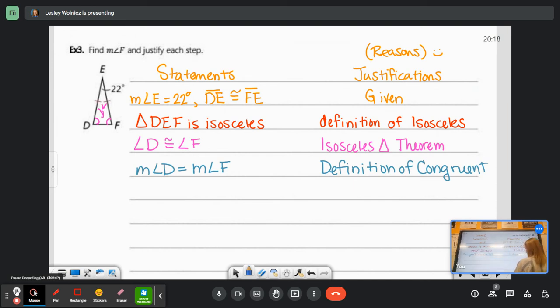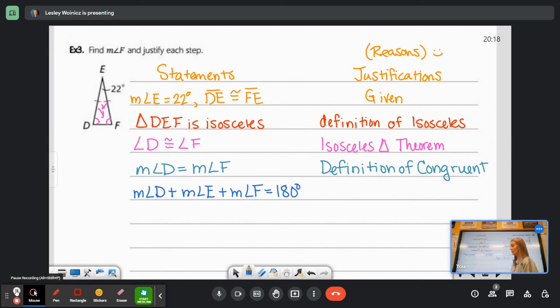That's important. So we know that the measure of angle B plus the measure of angle E plus the measure of angle F equals 180 degrees.